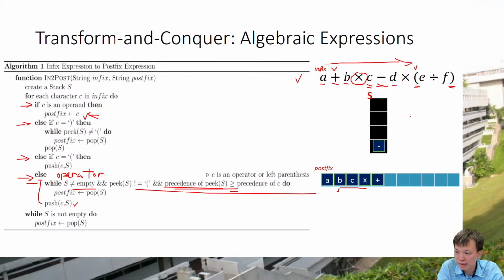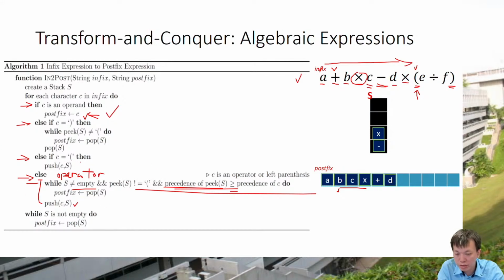And next is D. D is the operand, so I run the same thing. Then I encounter multiplication again, and I will push it in, because the one in the stack is lower order than the multiplication. Then next I encounter the open parenthesis.